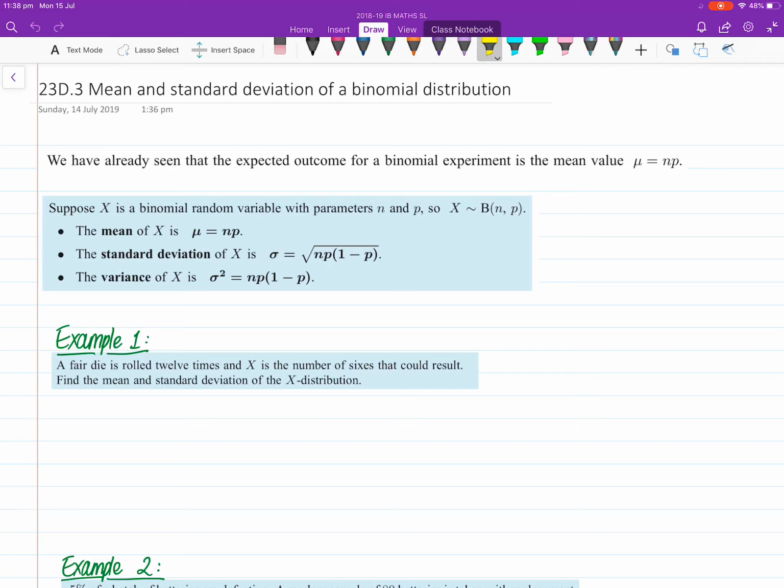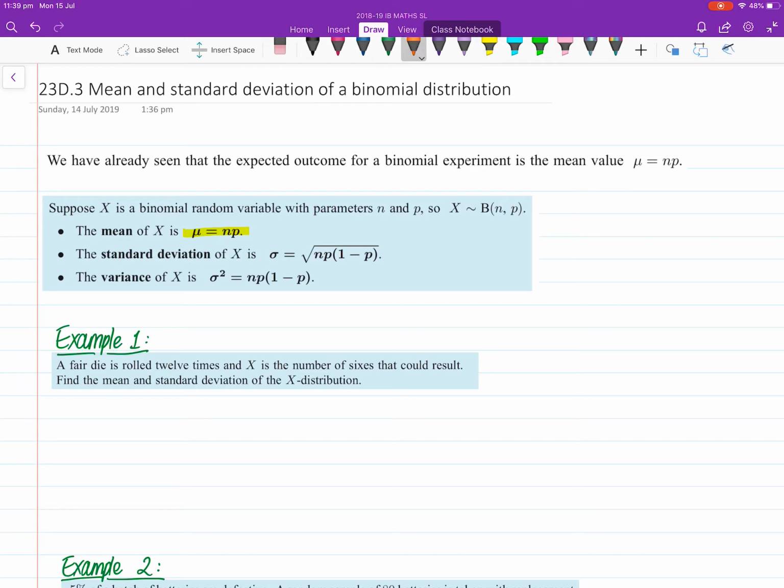When we want to work out the mean, the expected outcome for a binomial experiment, mu is equal to n times p. Remember, n is the number of trials and p is the probability.